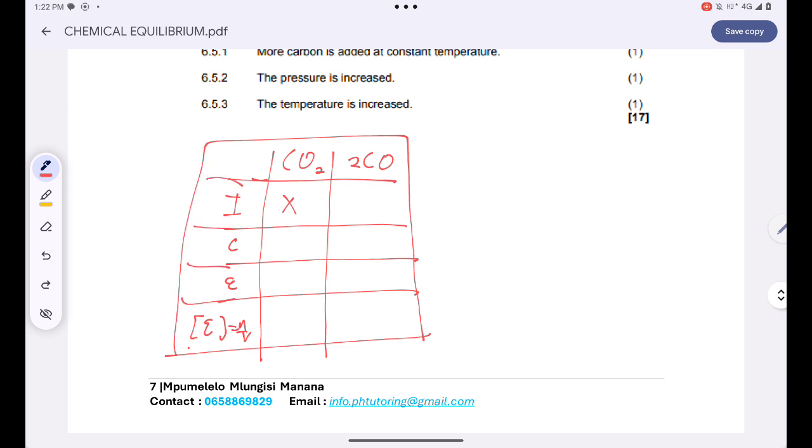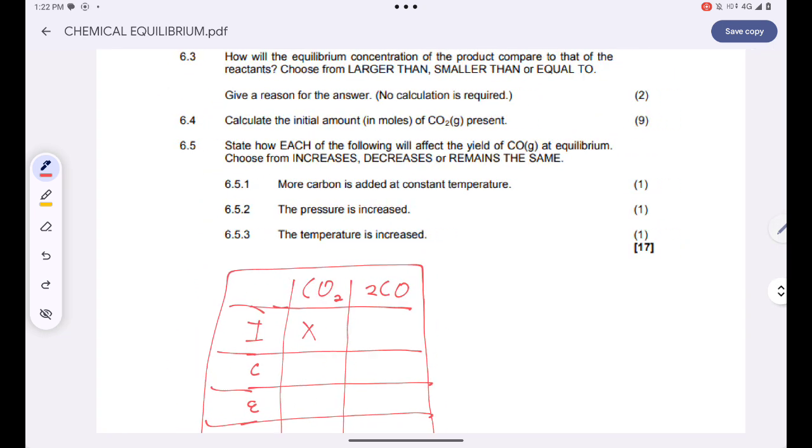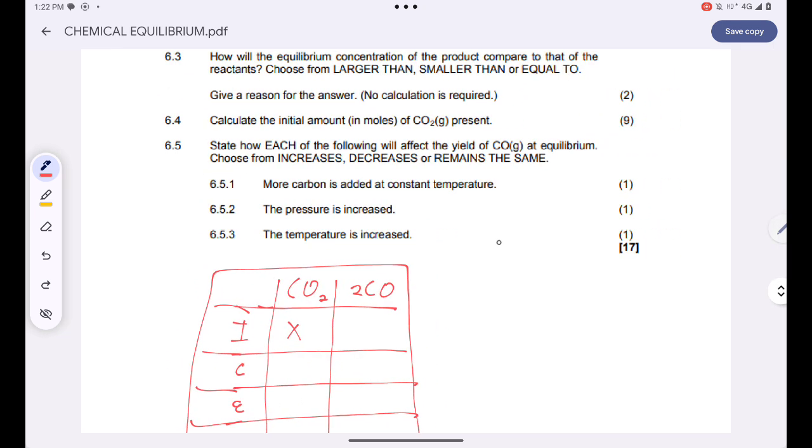So I can simply find the number of moles of my carbon monoxide. That's mass divided by the molar mass. That's 168 grams divided by, for carbon, the molar mass is 12, oxygen, I have 16.